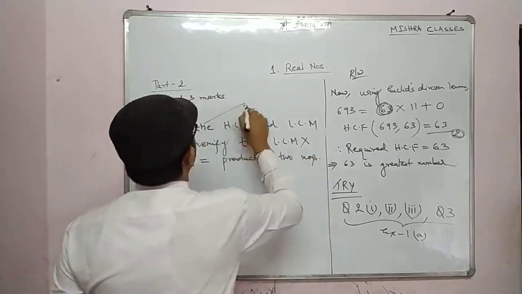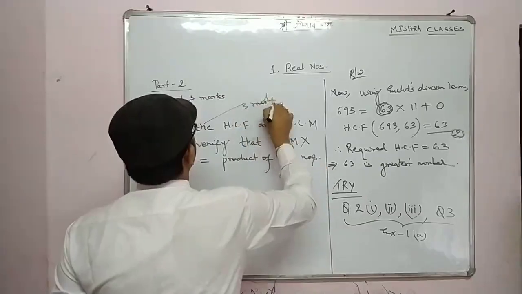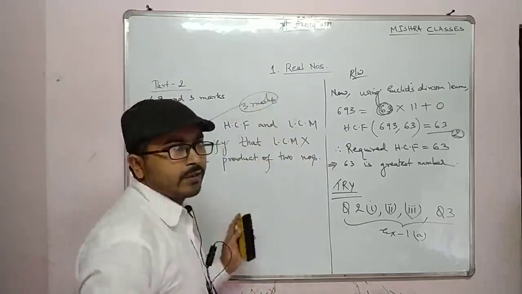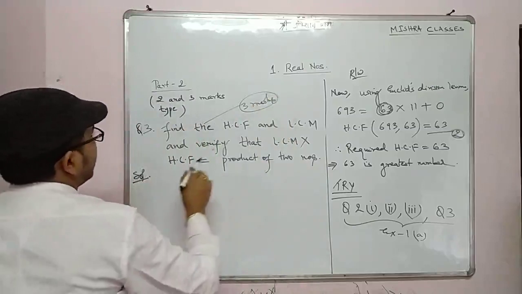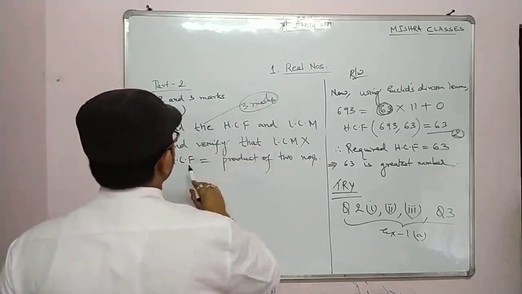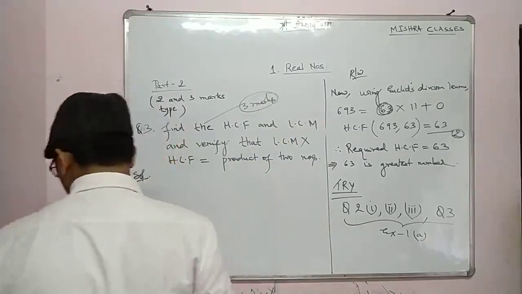Now this question will come for 3 marks. Alright, is it clear? So how do we solve this? Find the HCF and LCM and verify that LCM into HCF equals the product of two numbers.